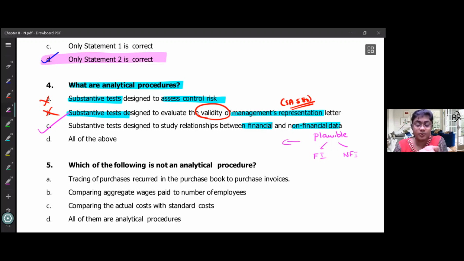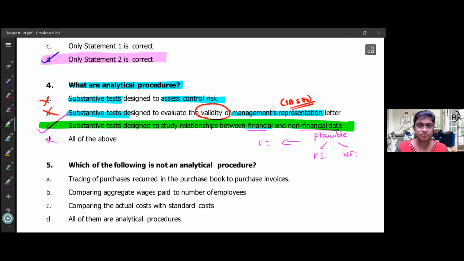Our base is always financial info. To evaluate financial, we compare plausible. Plausible means valid relationship between financial and non-financial. So the answer is C. Okay.